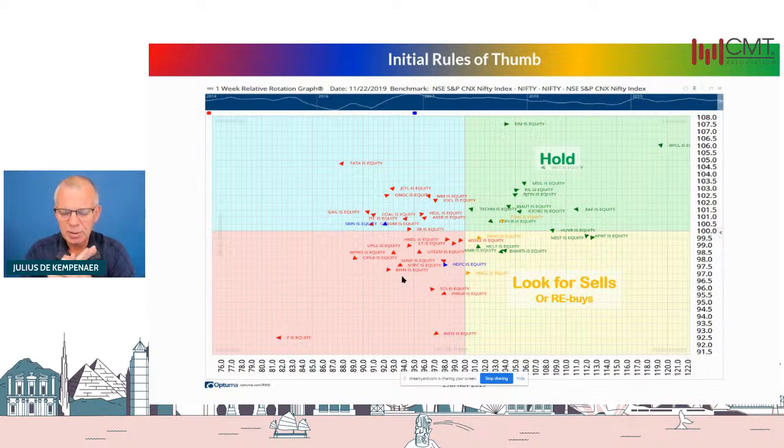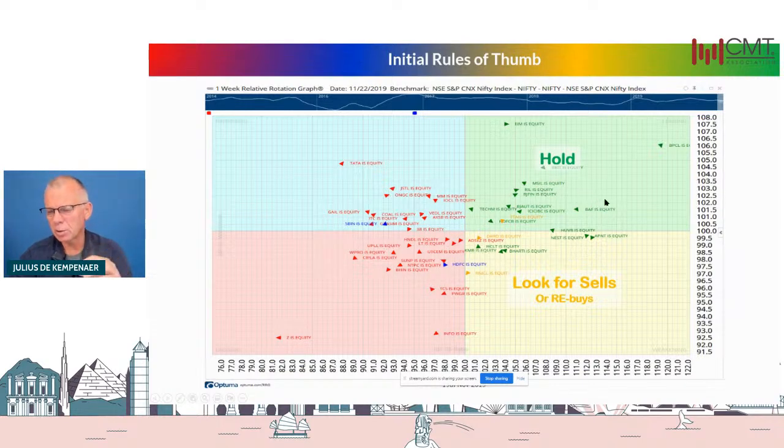And the rebuys is, you may have noticed that when I played the rotation on the previous chart, when there is a very strong uptrend or a very strong downtrend, there is a possibility that the rotation completes completely on the right-hand side of the graph. So when you move from improving to leading, that's when you switch from a downtrend to an uptrend.